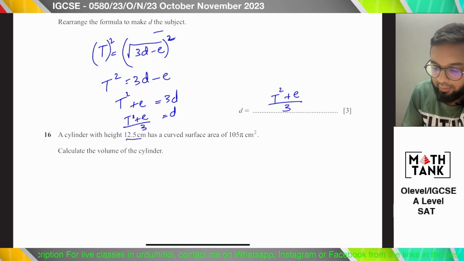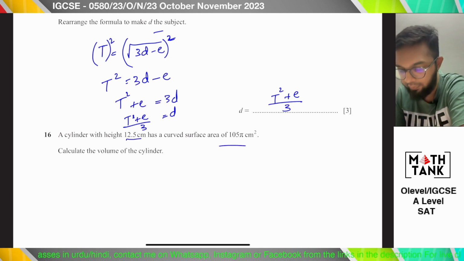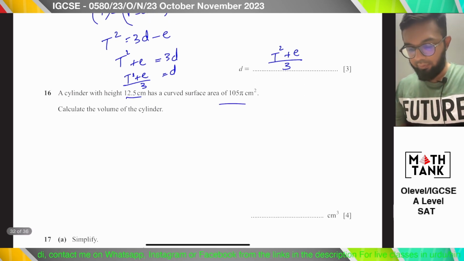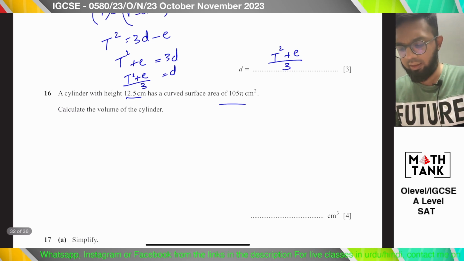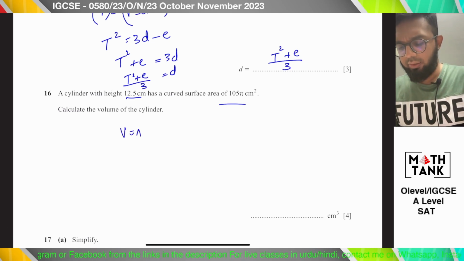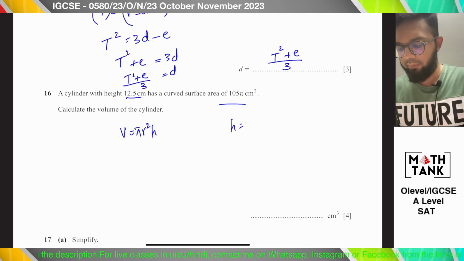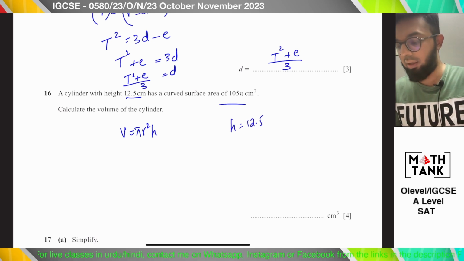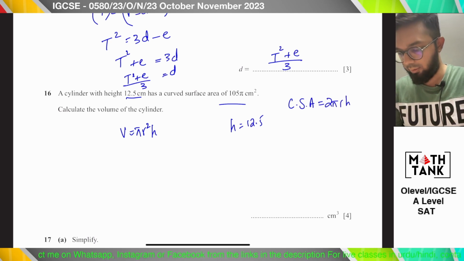Okay, then it says the cylinder, which has its height this, has a surface area of that. Calculate the volume of the cylinder. So the volume of the cylinder is pi r squared h. But what do I have? I just have the height, which is 12.5, and I have the curved surface area. What is the formula for the curved surface area? It's 2 pi r h.